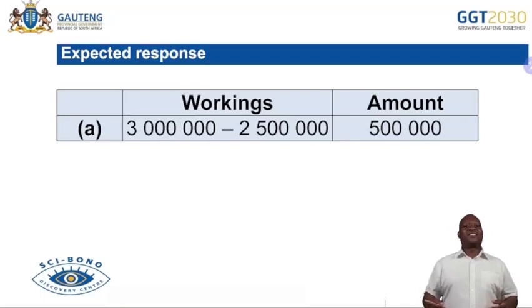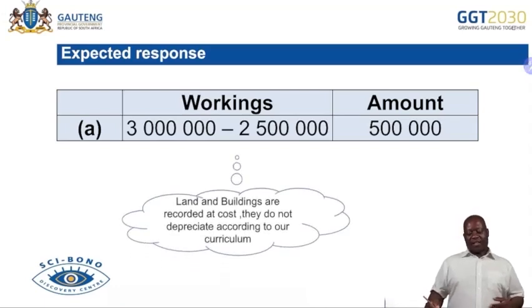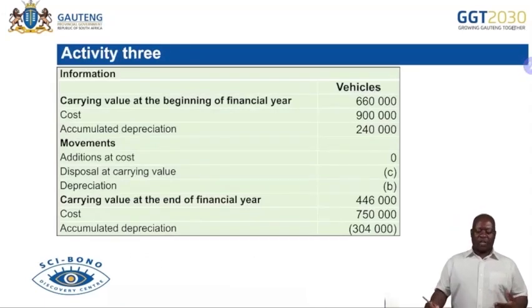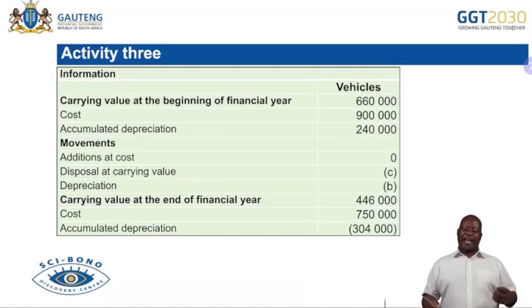We are doing it. Let's see if we are also going to get it with the next activity. I am now going to bring you the next activity, which is activity 3. This time, we are given vehicles, and there are 2 missing links here.